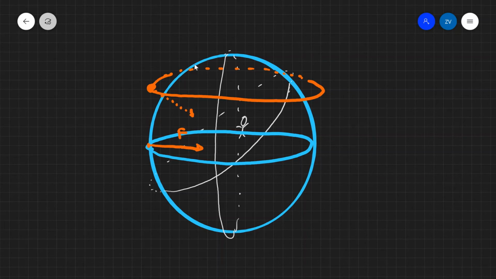Now this does not mean that this orbit is not possible. It will still appear fixed in the sky. However, it will require an additional force to maintain that motion. So maybe I'll need some rocket boosters or some propulsion method to apply a force in just the right direction, which will be towards a point centered around there.